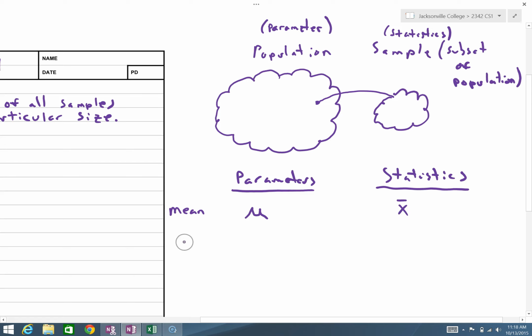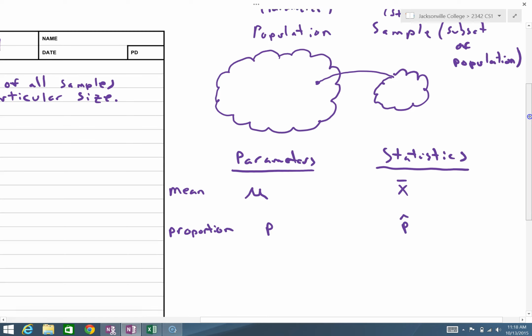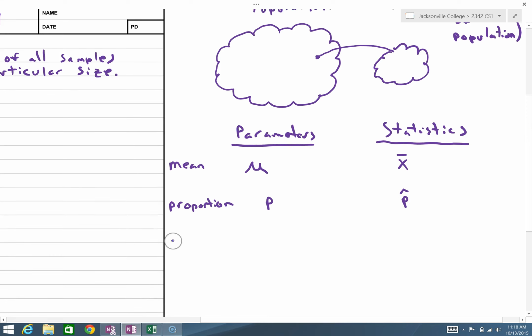Another particular quantity we describe is proportion. This is a percent. The parameter is p. The statistic is p hat. We've talked about the standard deviation.